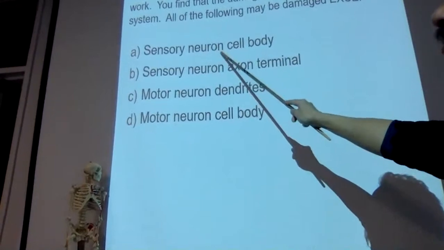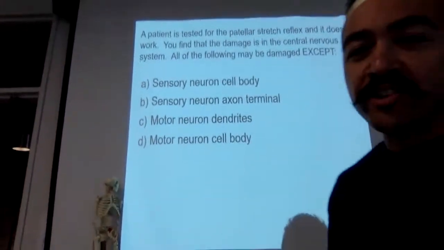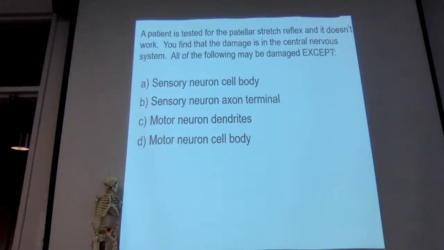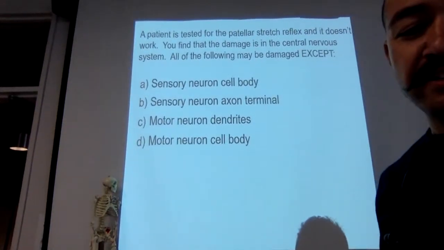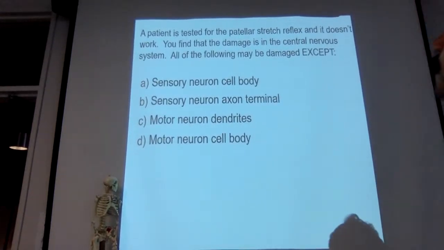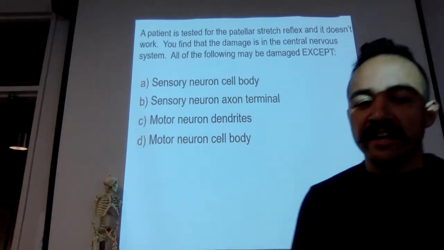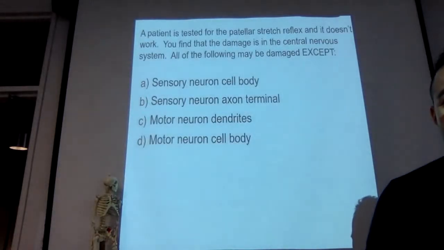Can someone tell me where you'd find the cell body of a sensory neuron? What is a term for the region where you find the cell body of a sensory neuron? I'll look in the chat. The answer is A. Where do you find a cell body of a sensory neuron?